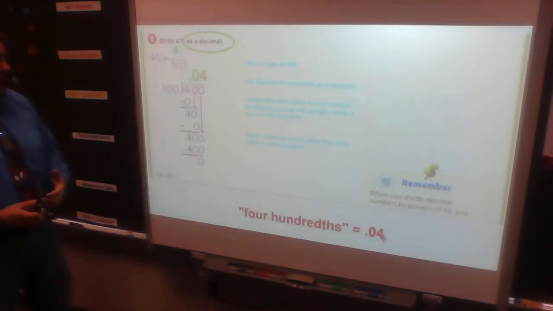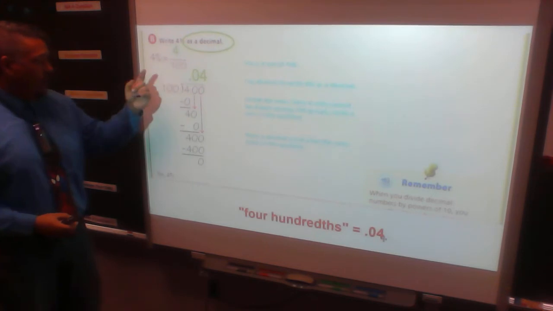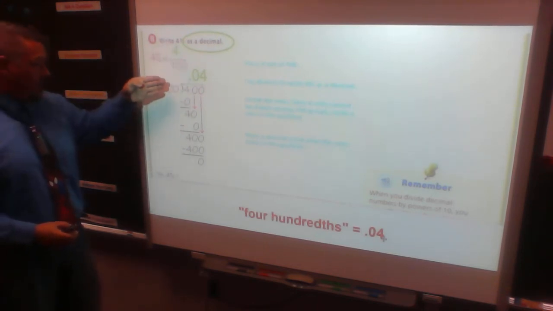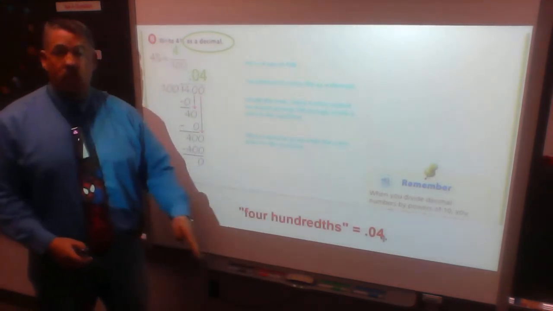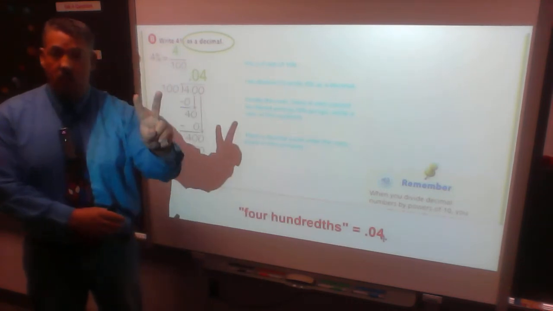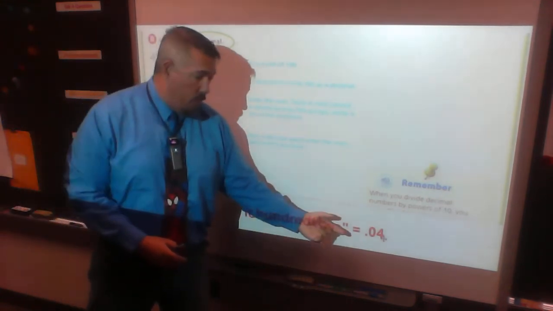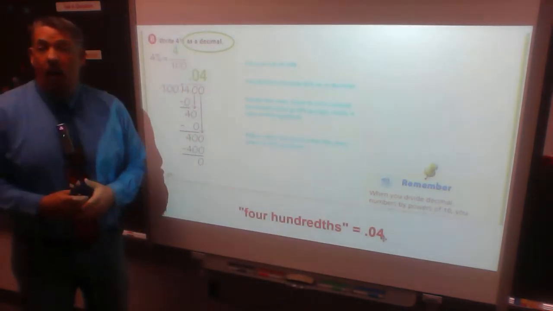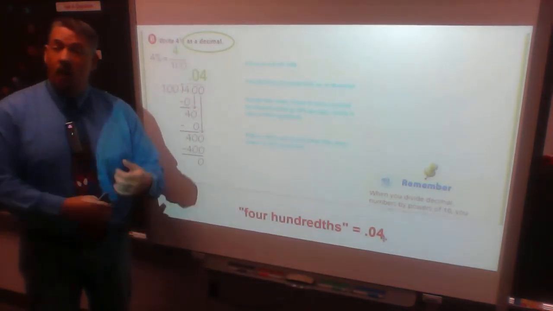I could look at it as, what does this say? Well, this says 4 hundredths down here. So therefore, I know I'm going to the hundredths decimal position. That's 2 over. So I just put my decimal 0.04 and I put my 4 in my hundredths position.